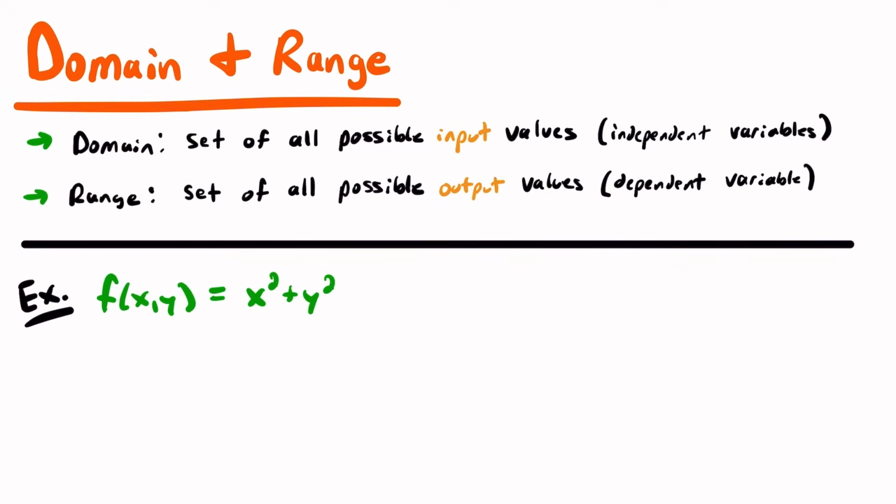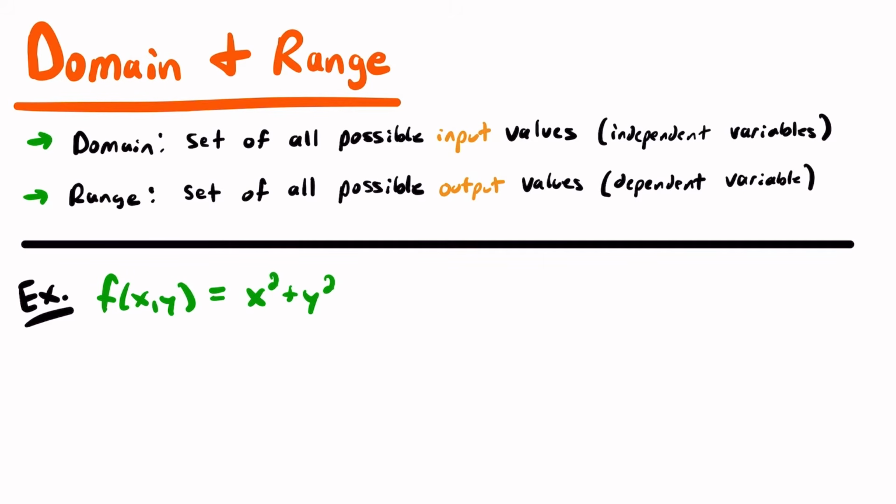Okay, now let's talk a little bit more about the domain as well as the range of multivariable functions. Specifically, how do we find the domain and range of a multivariable function? And well, the good news is it's not all that different from how we did it for single variable functions. But before I show you, as a quick review, remember that the domain of a function is the set of all possible input values, meaning the possible values for the independent variables, and the range is the set of all possible output values, or the possible values for the dependent variable.